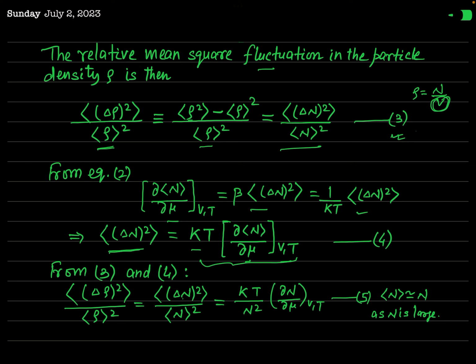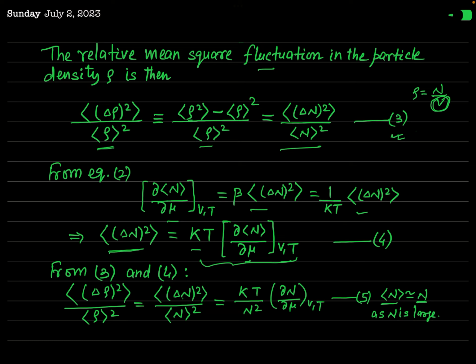But here the mean value of n has been simply replaced by n. Why? As you have learned earlier, if the number n is very large, then approximately n is equal to its mean value. So in place of this mean value of n, we can write simply n.